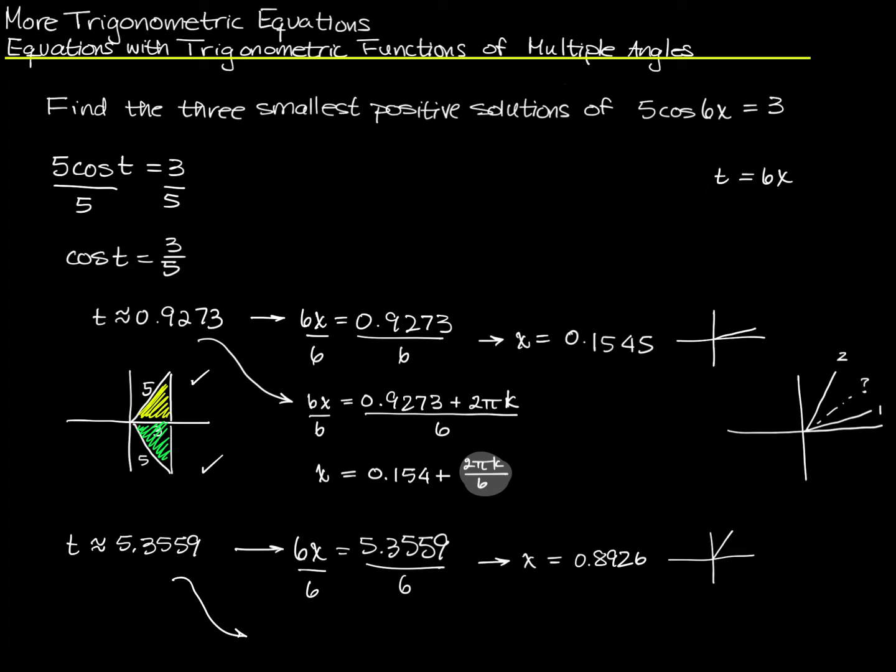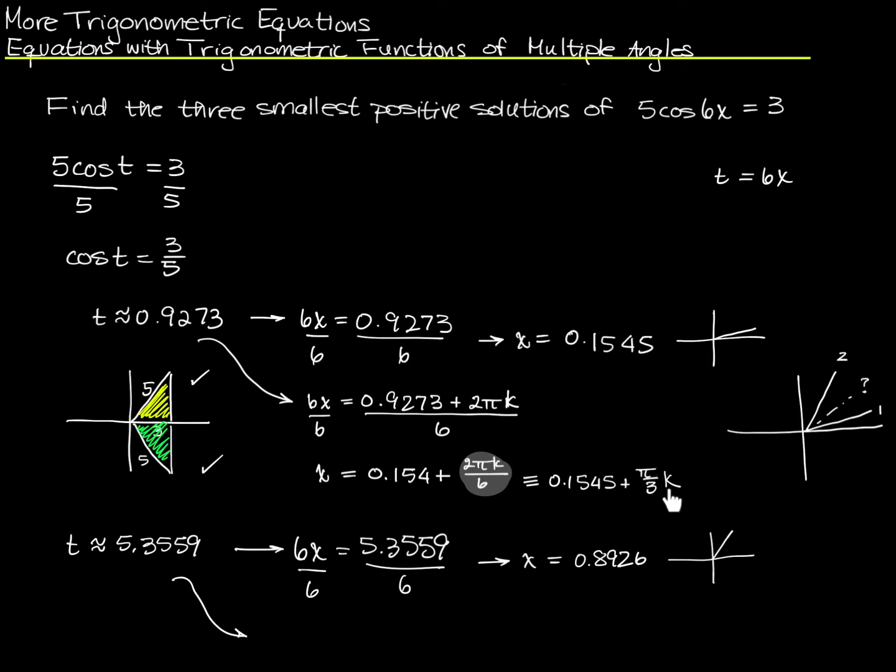So that's actually equivalent to 0.1545 plus pi k over 3. Now I could also write that as pi over 3 times k. And that lets me see how much I have to add to this value to get the next angle beyond this one here. I have to add pi over 3.